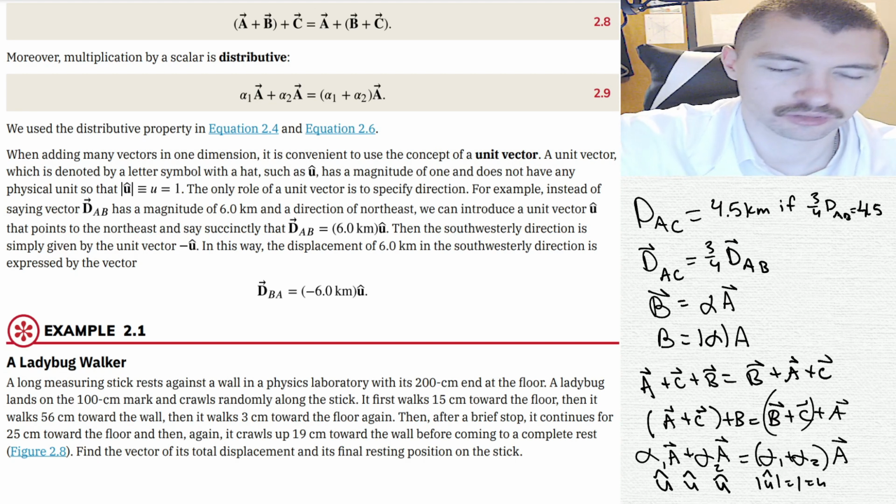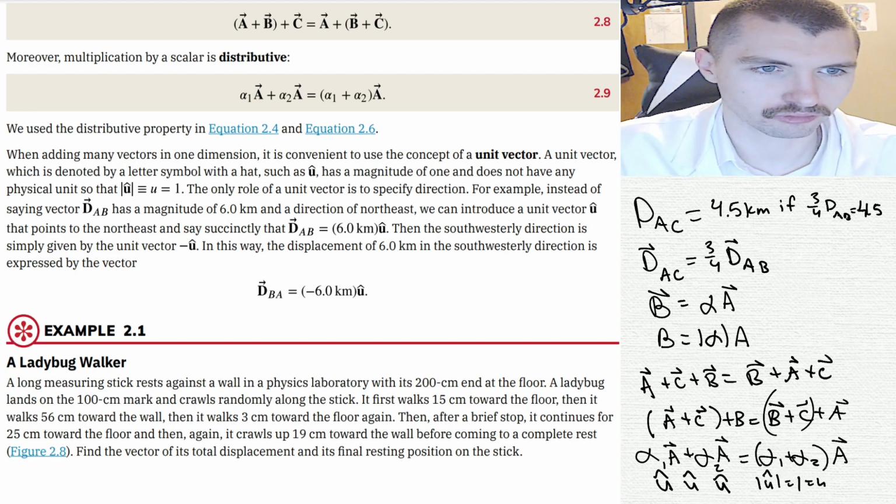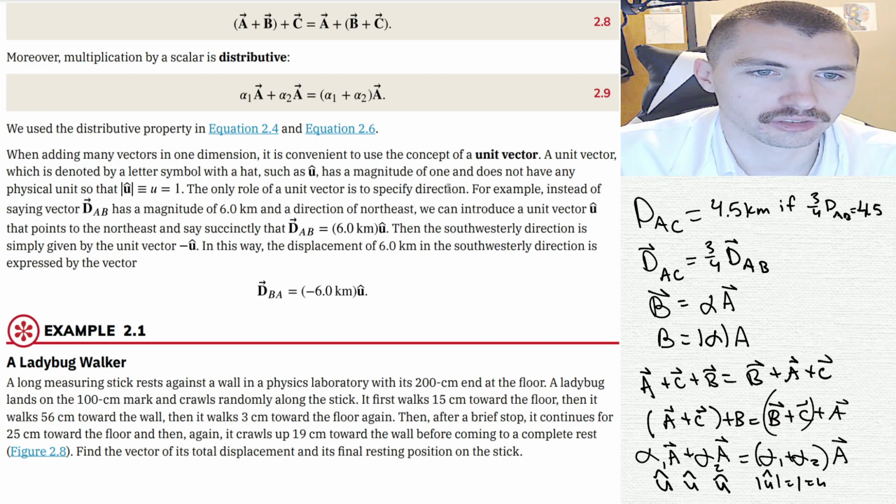Its only role is to indicate a specific direction.